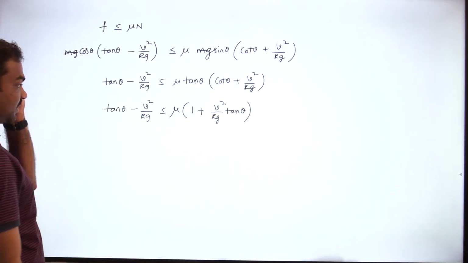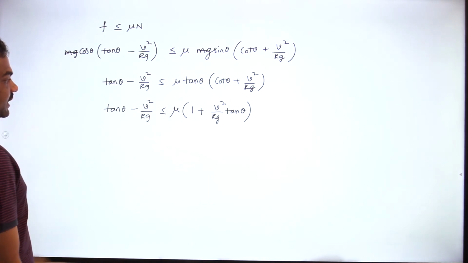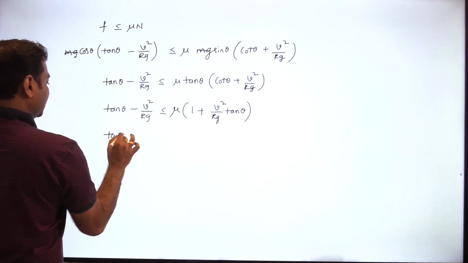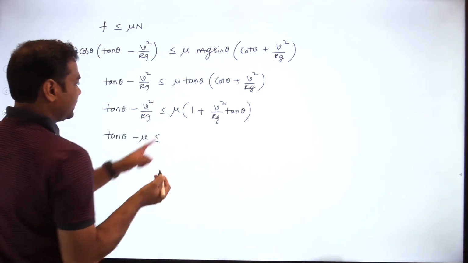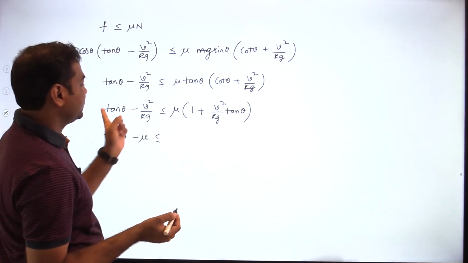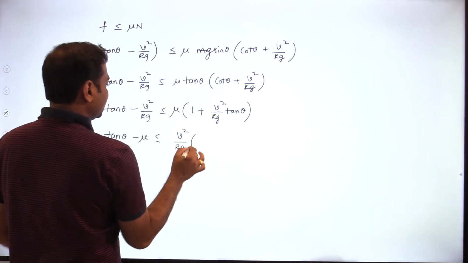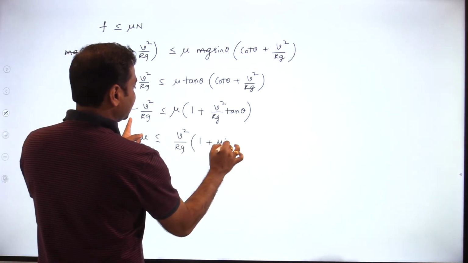So I want velocity terms on one side, mu terms on the other side. So I can write down tan theta minus mu less than or equal to mu into 1 on this side is equal to v square by rg. If I take it out, this is 1 plus mu tan theta you will get.